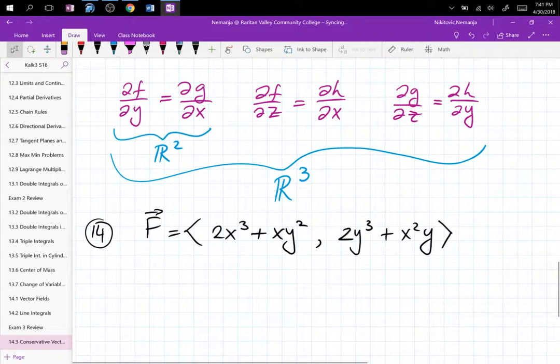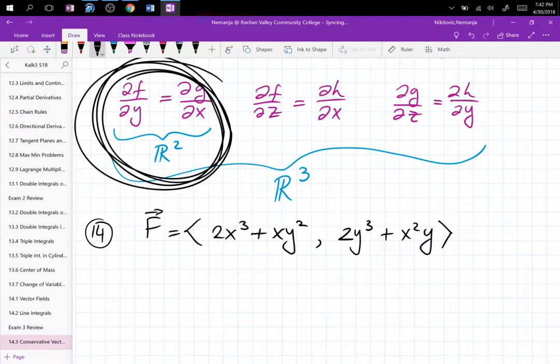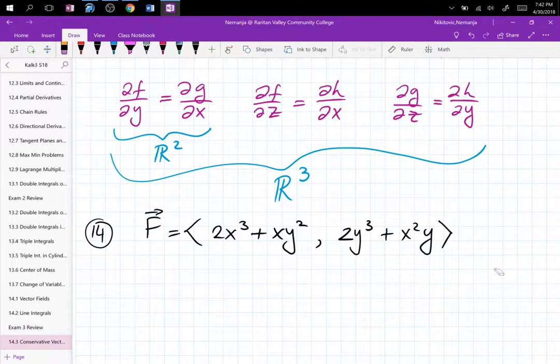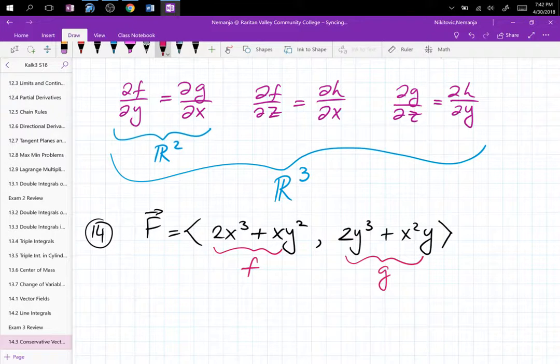All right, so this is a 2D case. Therefore, all you need to check is the 2D condition. You only have one condition for 2D. And we know that the first one is our f, second one is our g, and we'll take these partial derivatives to check.